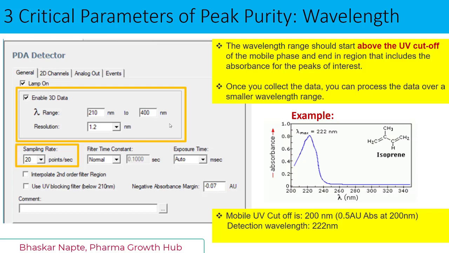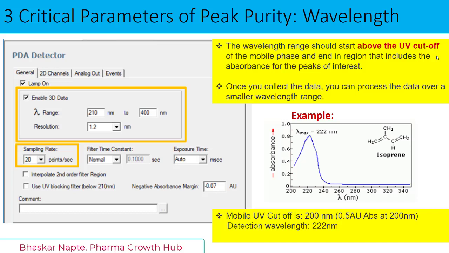Onto the screen, you are seeing a UV spectra of isoprene, which has a lambda max of 222 nanometer. Now, if you look at the first point, it talks about the UV cutoff of the mobile phase. Why will the mobile phase have a UV cutoff? Because of the organic solvent or the salt present inside it.